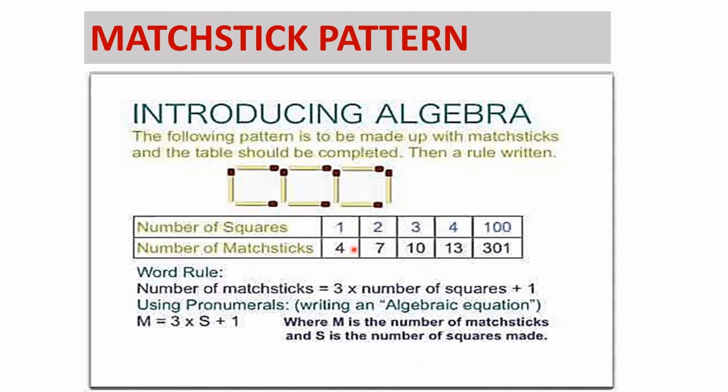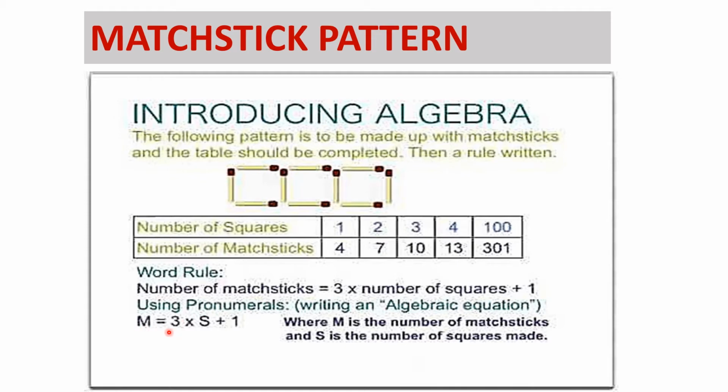Now the first one is 4. So how can you make the formula? You can make the formula as 3 into n plus 1. Now you can just check, there is an increase of 3. So 3 into n. So 3 into 1, that is 3, plus 1 is 4. Right? Now 3 into 2, 6 plus 1 is 7. Just put the value of n, okay, and you will get the number of matchsticks required by using the formula.